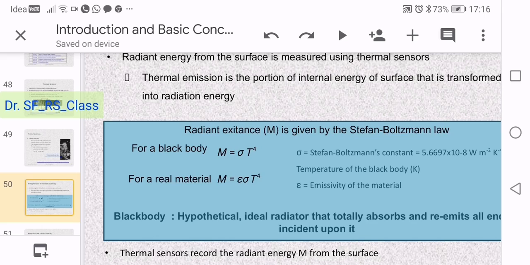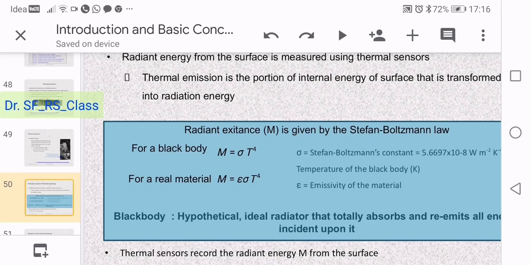So for the case of a black body, radiant excitance is Stefan Boltzmann's constant into temperature raised to 4. In the case of a real material, we need to have the emissivity of the material also, along with the black body case. We can measure the radiant excitance M from the thermal image.